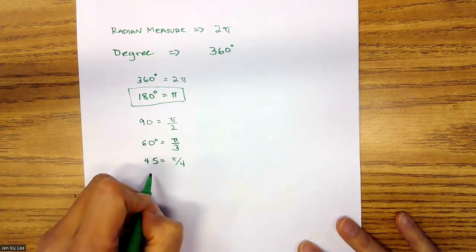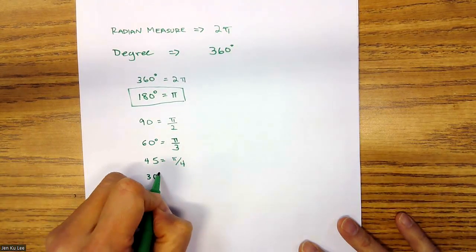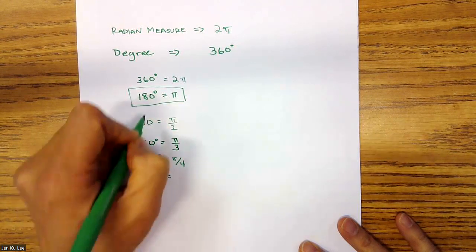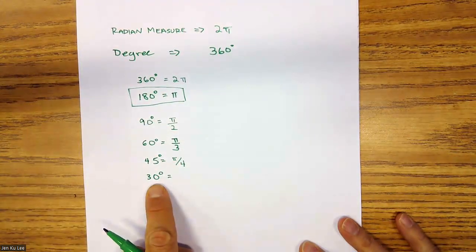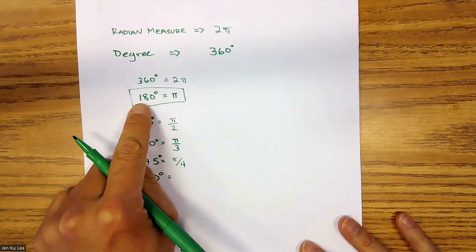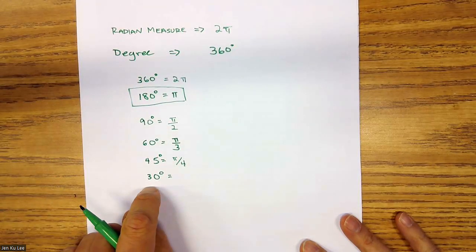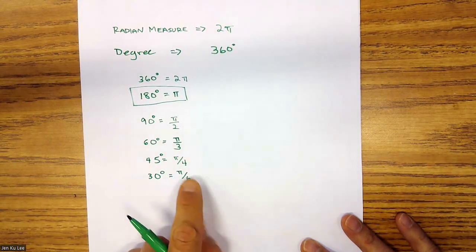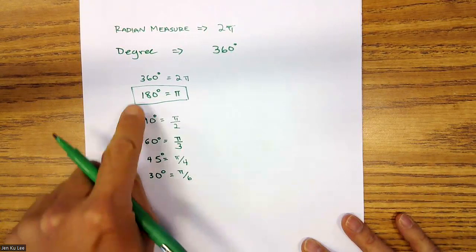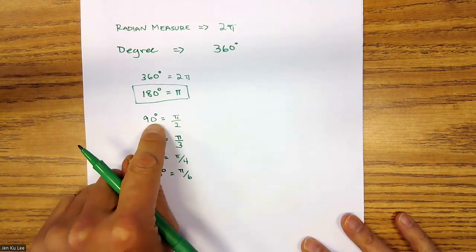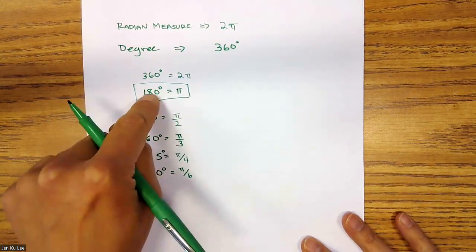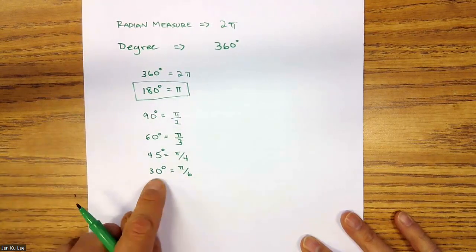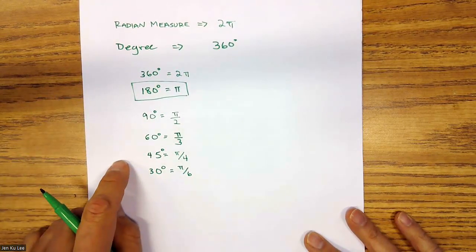Okay, do you guys see what I'm doing here? 30 degrees, which is a sixth of 180, is pi over 6. I just divided by the number of times that 90, 60, 45, and 30 go into 180.